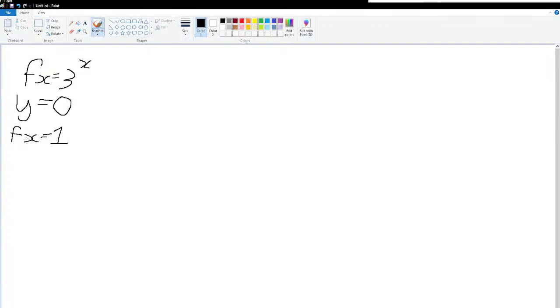Next we need to find the x tangent, which is going to be 0 equals 3^x, and I don't know what to do here. What is the value of x? Okay, so apparently there isn't an x tangent if y is equal to 0.